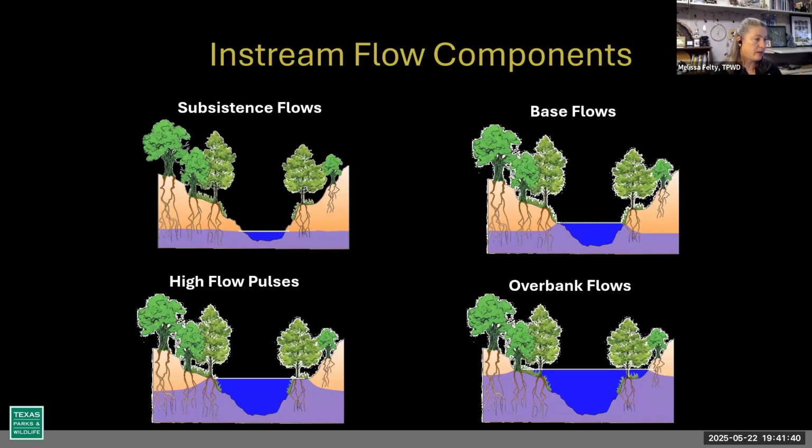There's a little bit more vegetation, but it doesn't put them over the banks, where they may get trapped. So high flow pulses allow for a little bit more spawning habitat, and they help the base flow, and the high flow helps connect the rivers and streams as well.